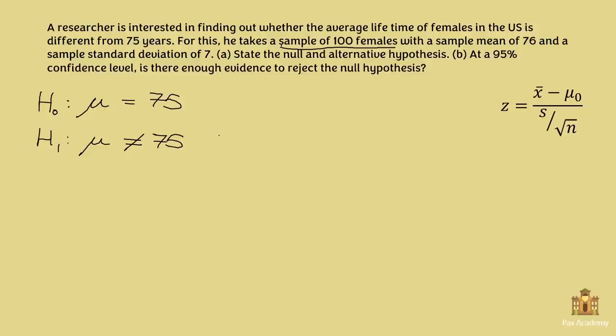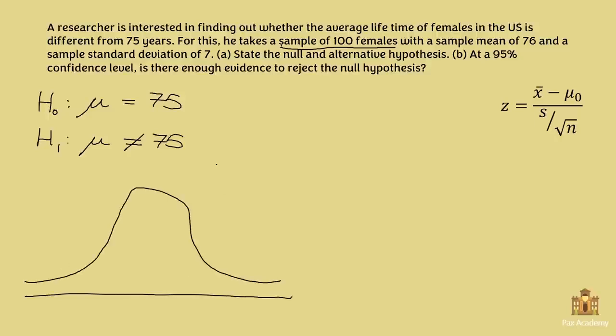Right. Then we need to draw the distribution. Now in this exercise it says at a 95% confidence level, is there enough evidence to reject the null hypothesis? So what we need to do first is to draw the rejection regions.